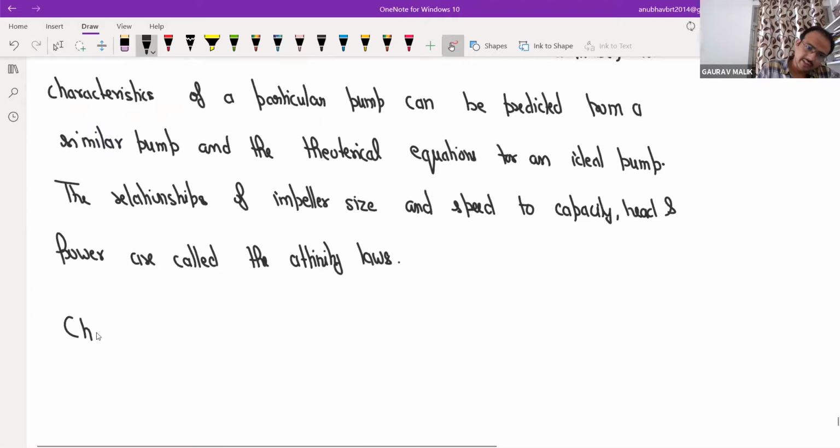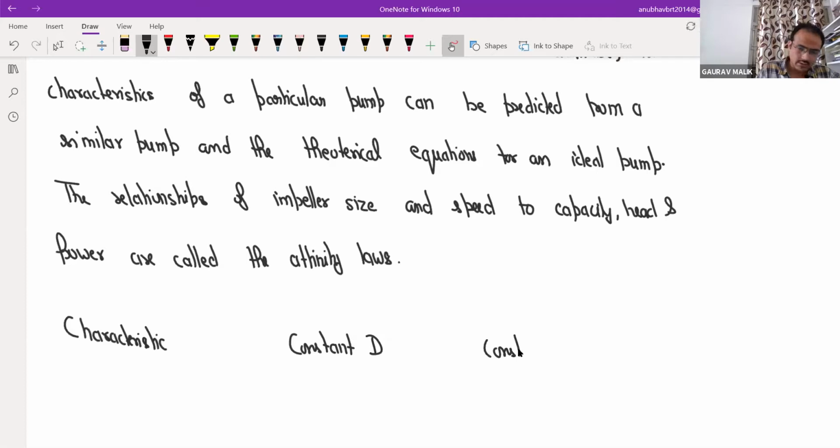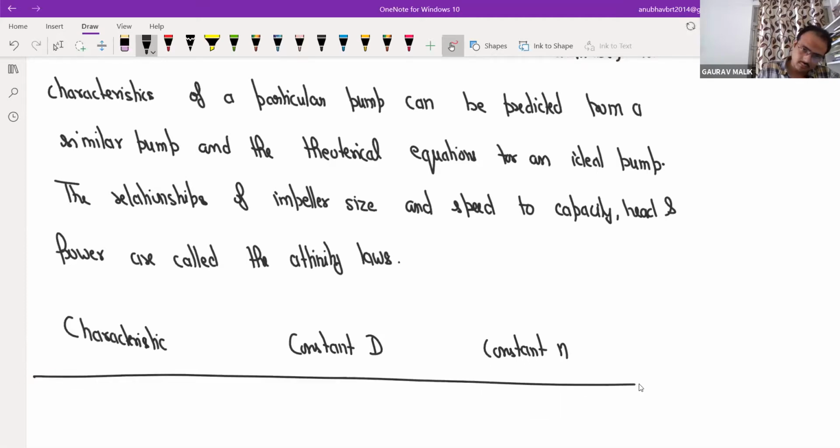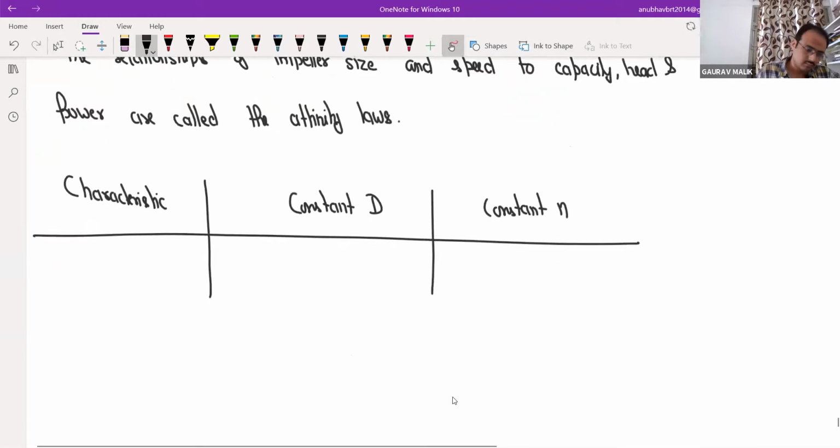So we have three characteristics: constant D and constant N. Capacity, head, power.